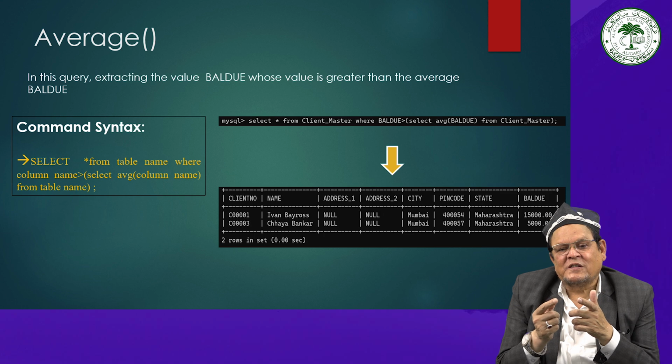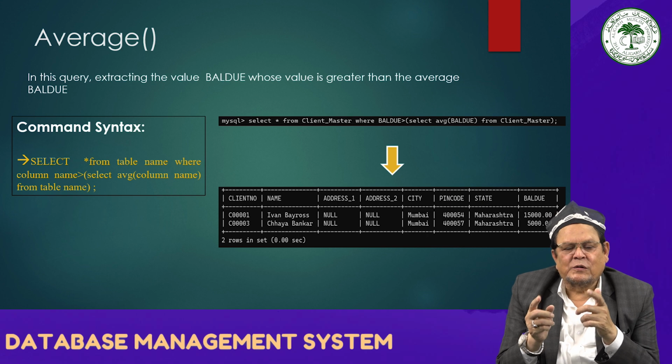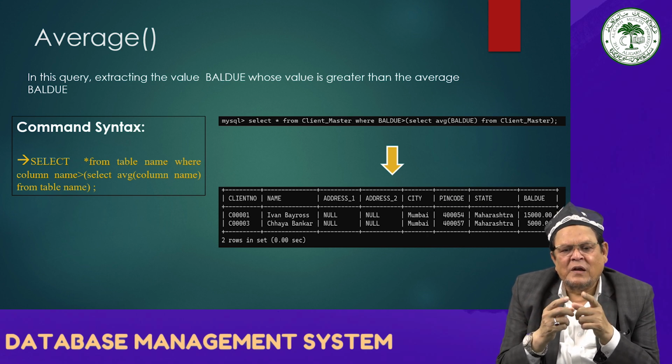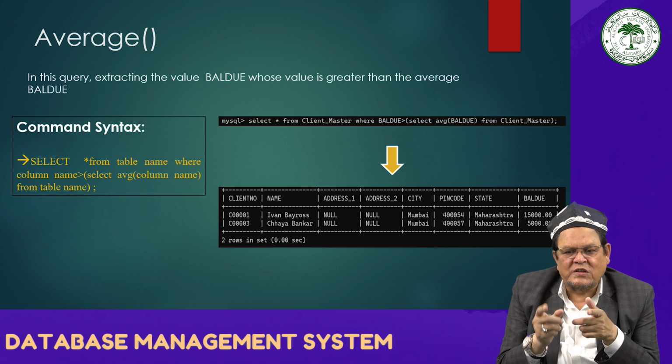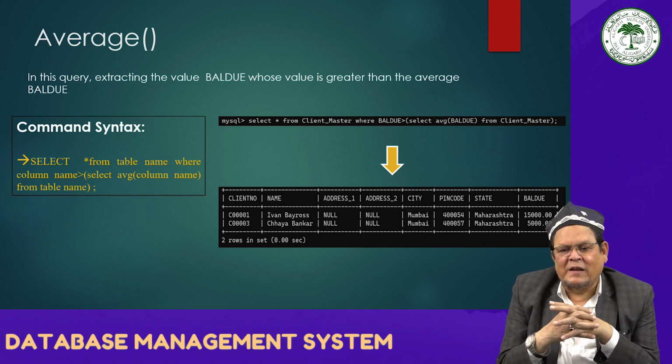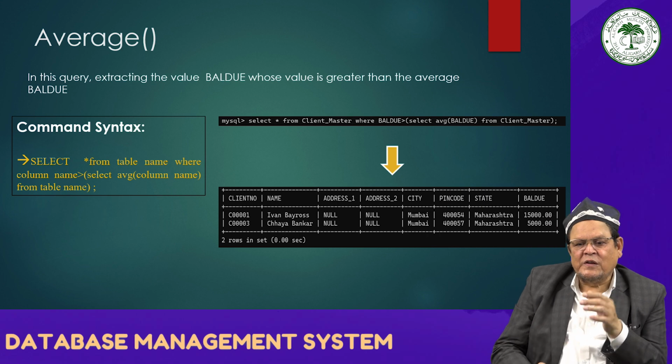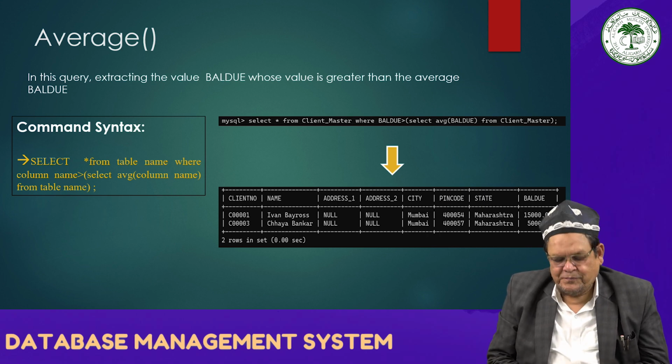I've already discussed in the previous slide: select average balance due from client master, and the parenthesis must be closed. Then you press, it will show like that on the screen. You can see client number, name, address, city, pin code, state, and balance due. You can see balance due is 15,000 and 5,000.